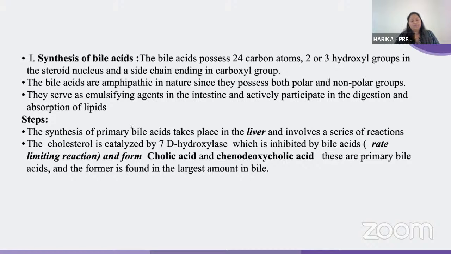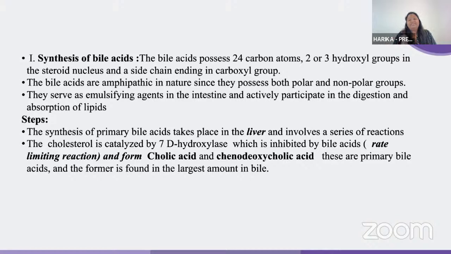So let us go to the steps. The synthesis of bile acids takes place in the liver, and it occurs in different steps. The first step is that cholesterol is catalyzed by 7-alpha-hydroxylase.